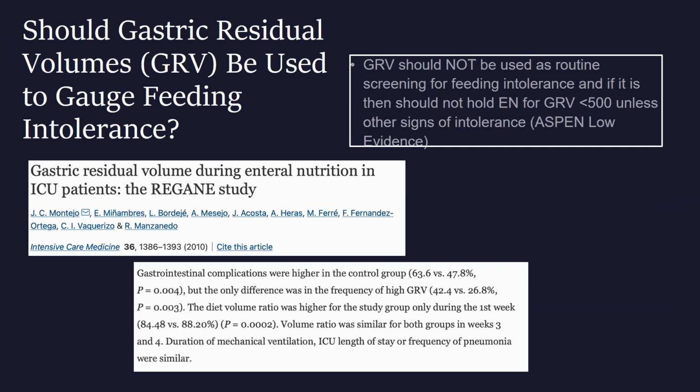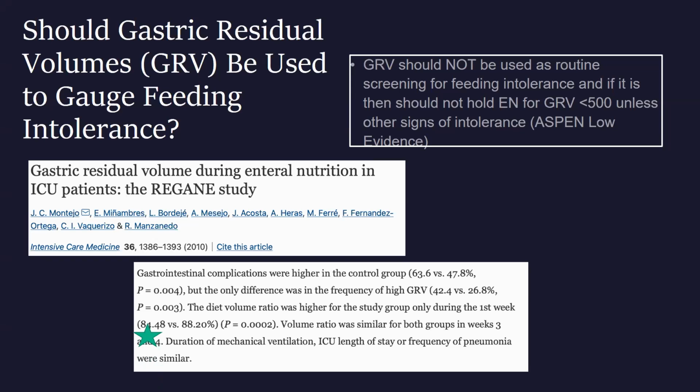Where they got this from was the REGAIN study, which is the one that they mainly talk about. And the bottom portion is just the point to look at. In the study, they looked at 325 patients on vents in Spain, and they used gastric residual volumes of either 200 as a cutoff or 500 as a cutoff, and they found that duration of mechanical ventilation, ICU length of stay, frequency of pneumonia, all that were similar between the two groups, so it did not matter.